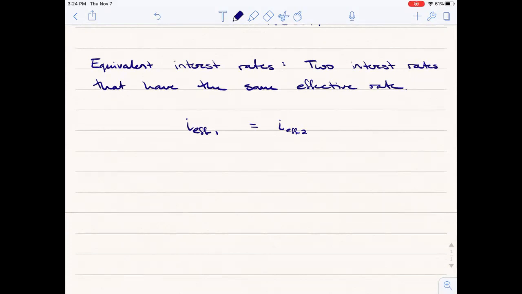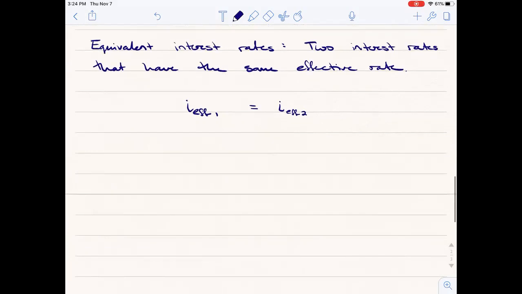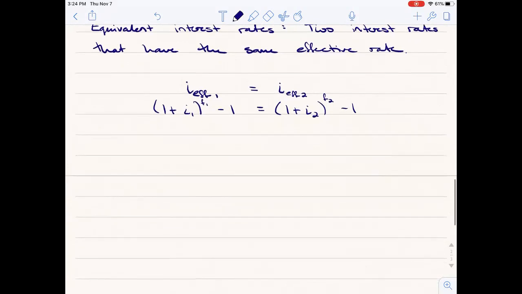So then we can replace the effective rate with 1 plus I1 to the power of F1 minus 1 is 1 plus I2 to the power of F2 minus 1. Just using the formula for an effective rate. Forgetting about continuously compounded stuff. That's not relevant for us right now.